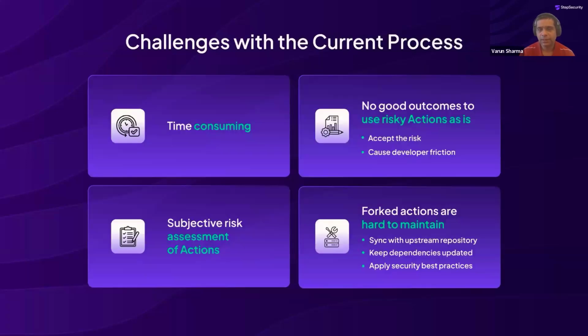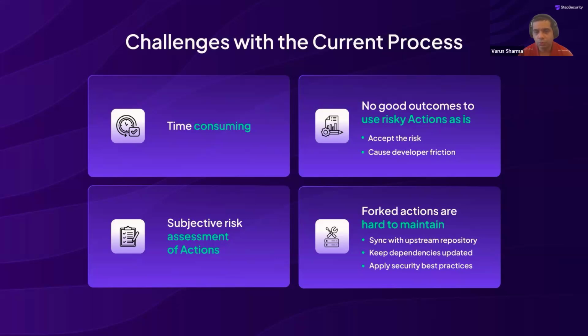Now, as you can see, there are a bunch of issues with this process. The first one being that it is fairly time consuming, both for the developer who needs to wait until that process completes, and for the security team that needs to spend time reviewing and forking these actions. There is also a subjectivity around these reviews.